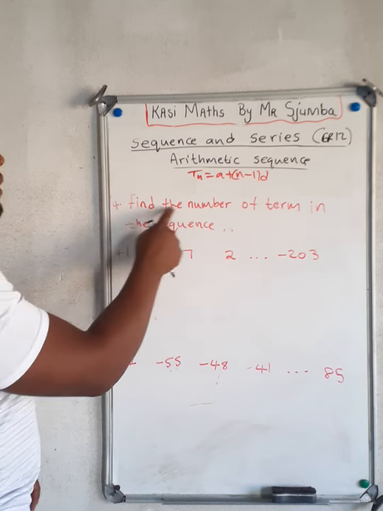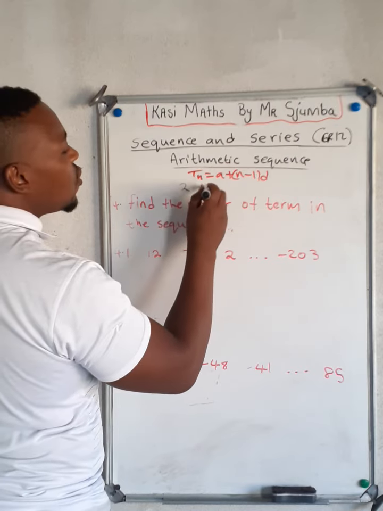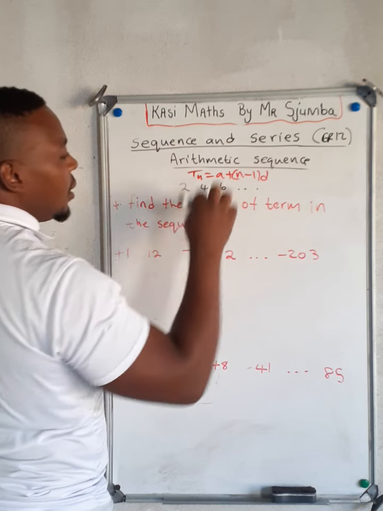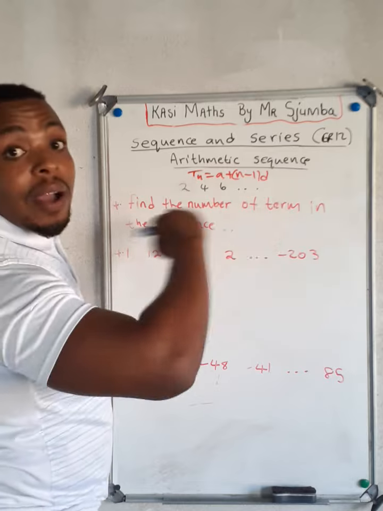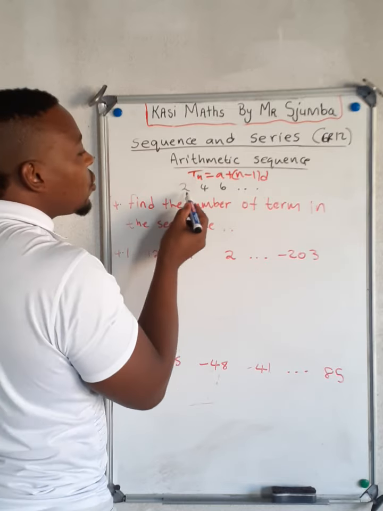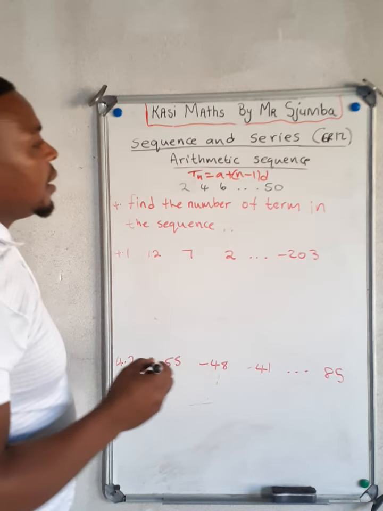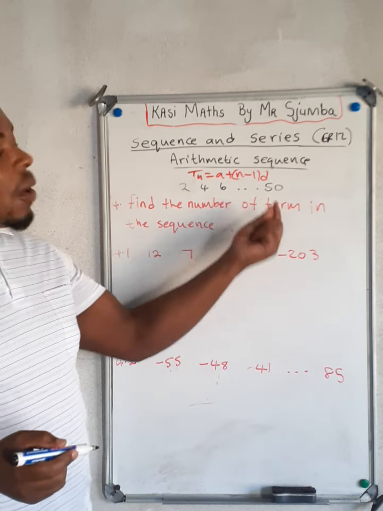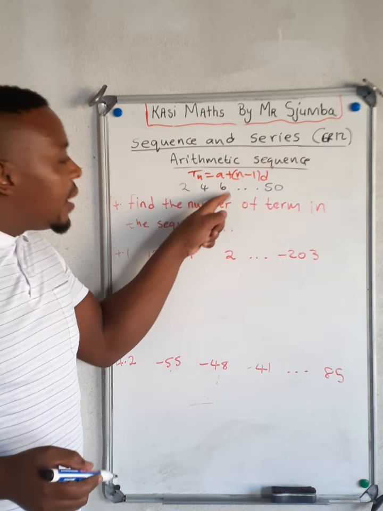We should find the number of terms in the sequence. In the sequence 2, 4, 6, dot dot dot, 50, it means 50 is our last term. So this is term 1, term 2, term 3.